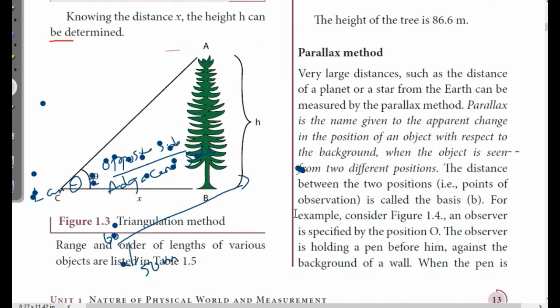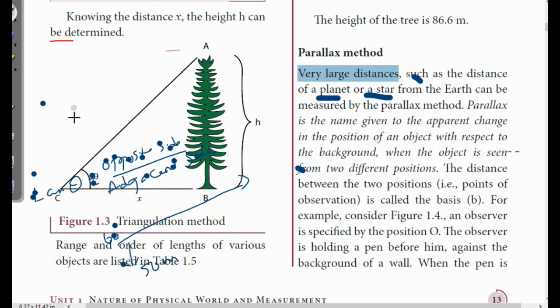The parallax method is used for measuring very large distances, such as the distance of a planet or a star from the earth. Parallax is the name given to the apparent change in the position of an object with respect to the background when the object is seen from two different positions. The distance between the two positions is called the basis.